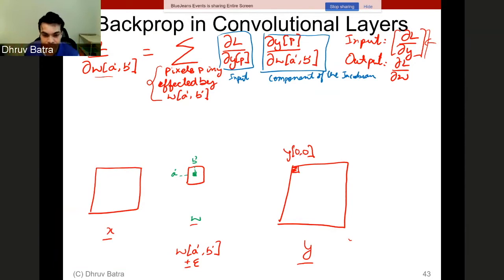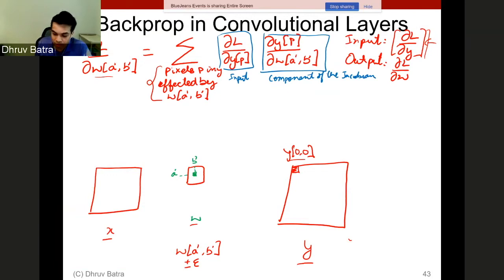Any guesses? I am already getting answers for the other question, which is all pixels. All pixels are affected, but by consequence of that, I assume that people see that Y0,0 is indeed affected. So yes, all pixels will change. Yes, okay, that is correct.